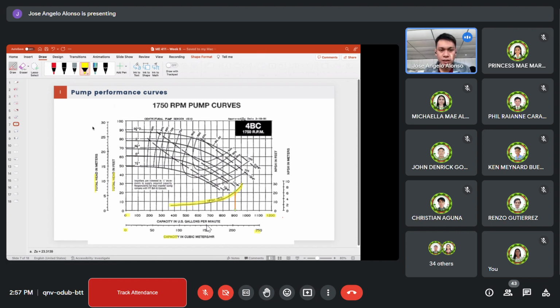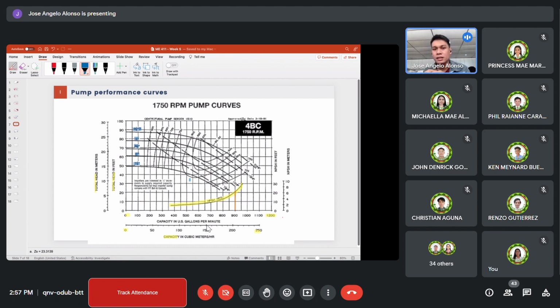I'll just highlight it into different color para hindi tayo malito. So, okay. On the left side, makikita natin yung value as 7 1/4 inches, then gradually increasing up to 9.5 inches. So, ito class ay ang tinatawag na diameter ng impeller.